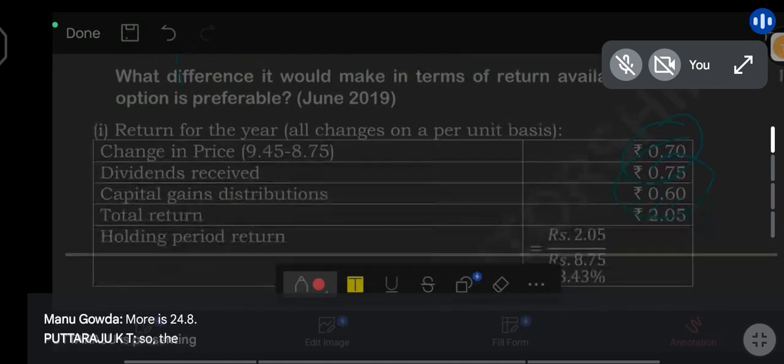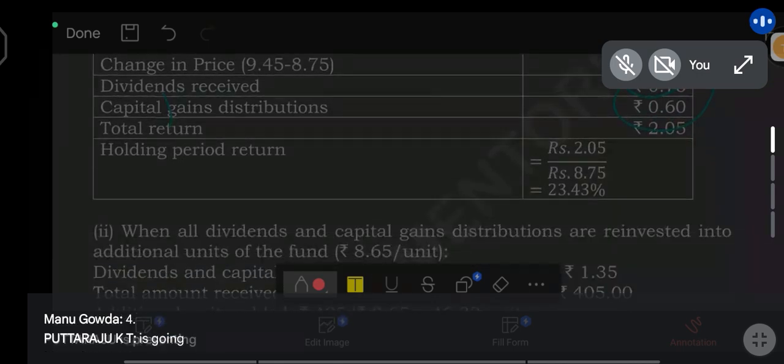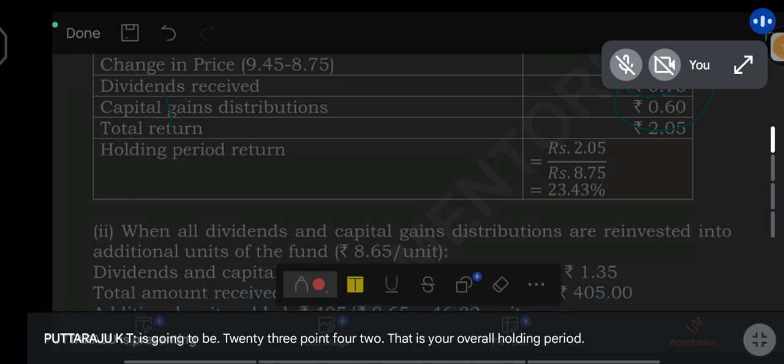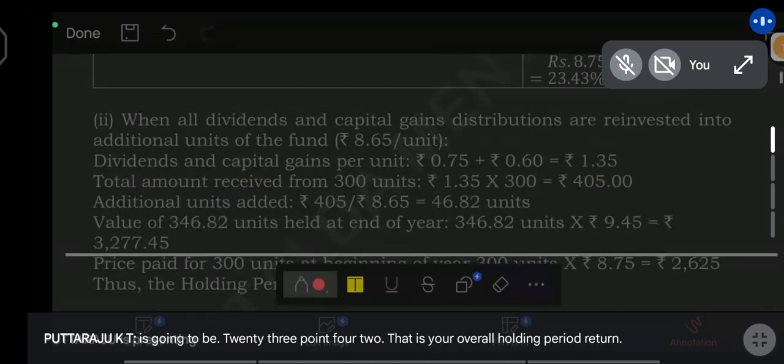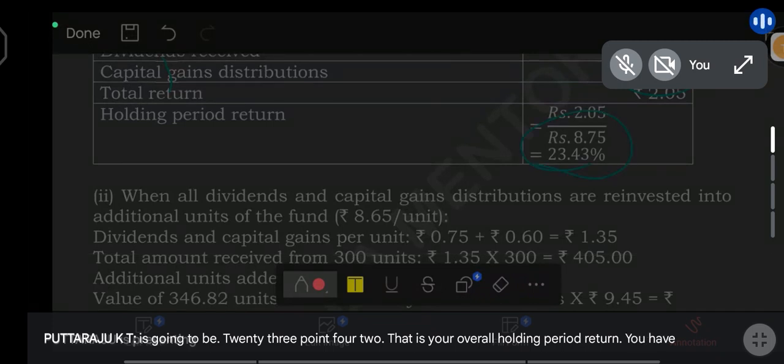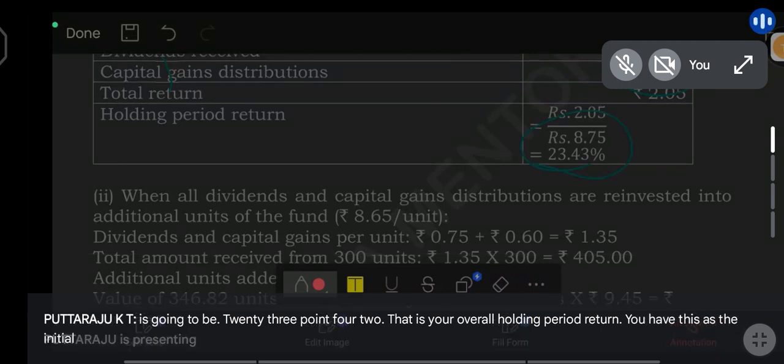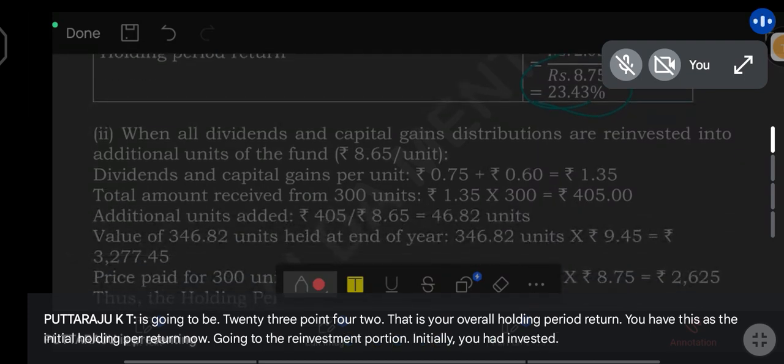So the overall holding period return is going to be 23.42. That is your overall holding period return. You have this as the initial holding period return. Now, going to the reinvestment portion, initially you had invested in 300 units, right?